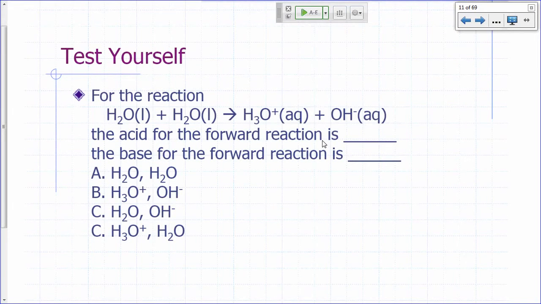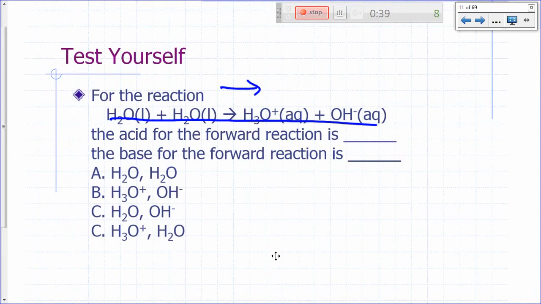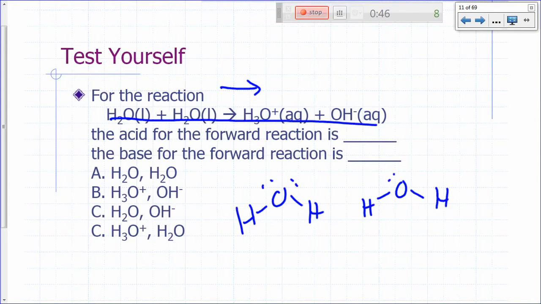All right, so here's a quick check. For this reaction, the autoionization of water, this involves proton transfer, right? From one water molecule to another water molecule. So for the forward reaction, what's the acid and what's the base, according to the Bronsted-Lowry definition? So what happened here?